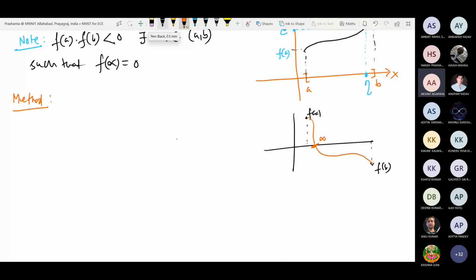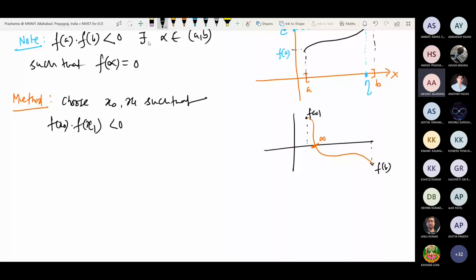It is up to you how you will choose these two points, x0 and x1. So choose x0, x1 such that f of x0 into f of x1 is less than 0, so that you can be sure that there is a root between the points x0 and x1. That is why you are checking whether f of x0 into f of x1 is less than 0 or not.